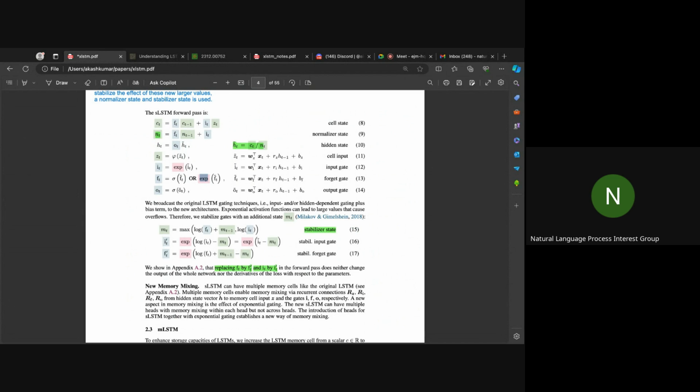And since it is an exponential function, the values of the input gate and the forget gate can quickly rise to very large numbers. To avoid that, they have introduced a stabilizer gate. A stabilizer state you can think of like restricting the values of the input gate.